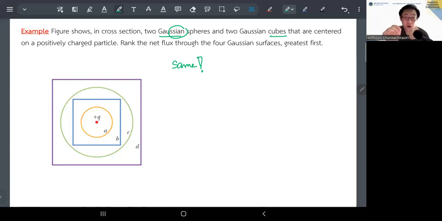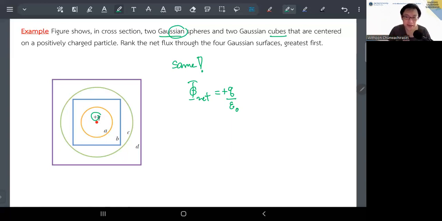So the net charge included inside these closed surfaces is Q. So I can tell the net flux is Q over epsilon naught. And because the charge is positive, I put positive in there. And that's perfect. When you have positive flux, what does it mean? It means electric field lines are coming out of the closed surface.